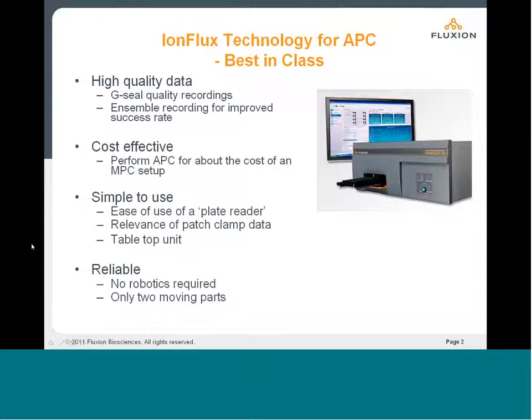We have two versions of the IonFlux: the IonFlux 16, which does 16 simultaneous recordings and operates in a standard SBS 96 well format, and the IonFlux HT, which makes 64 parallel recordings, and the plate has a standard SBS 384 well footprint.